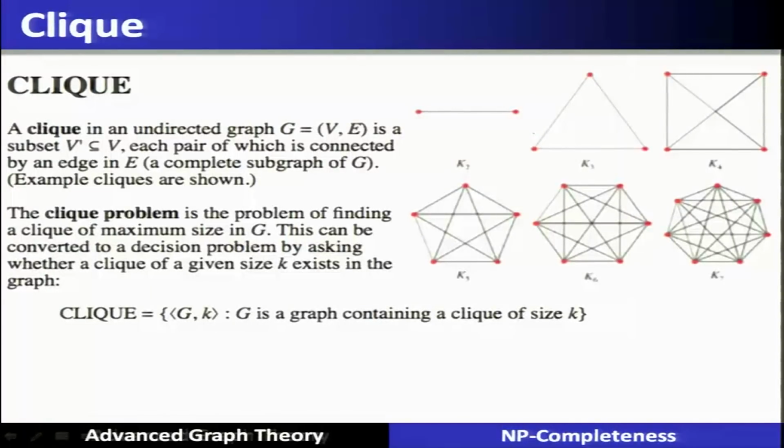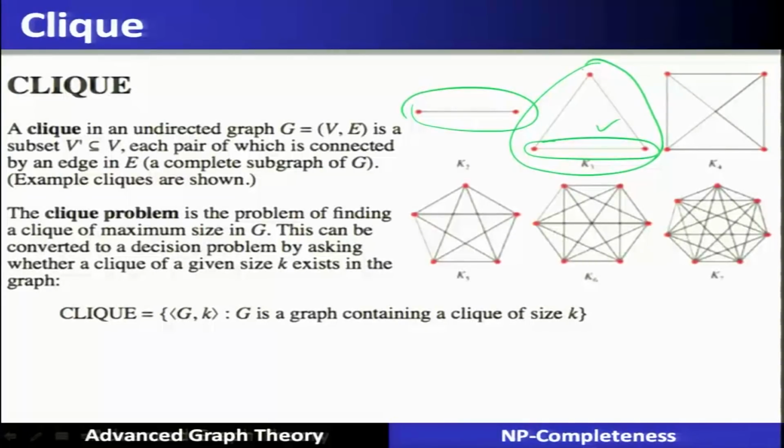Take for example this graph, and K2 is basically a clique present; if you include all vertices, that also completes a clique. So, we are searching for a clique of maximum size. The clique problem is to find the clique of maximum size. This becomes an optimization problem.